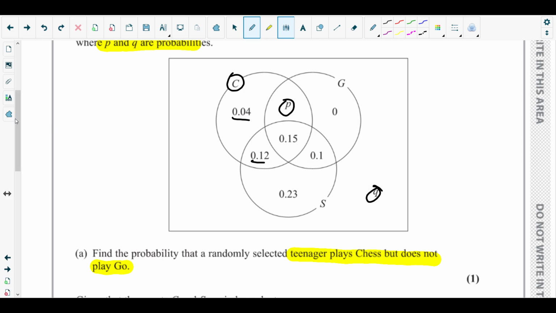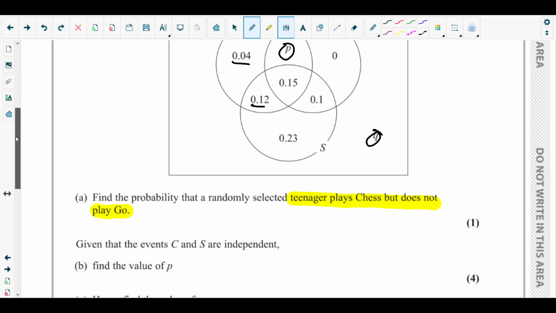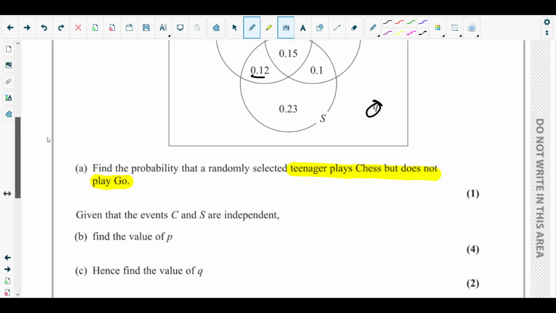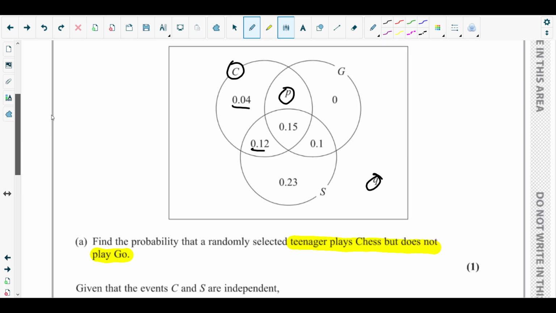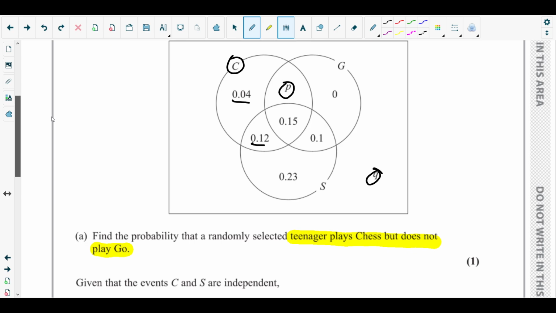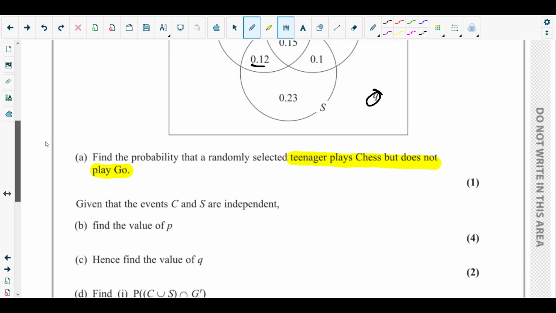So the probability would be 0.12 plus 0.04, which gives 0.16. This is the probability of a randomly selected teenager to play chess but not play Go.